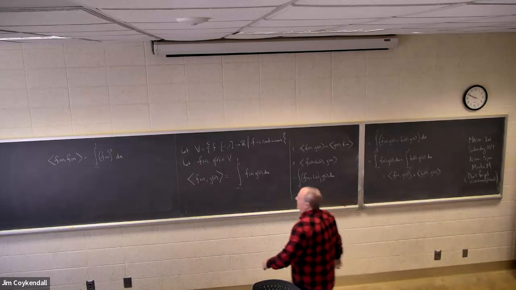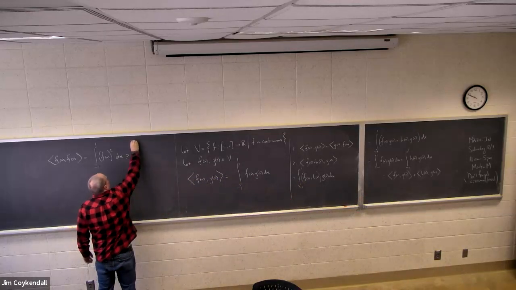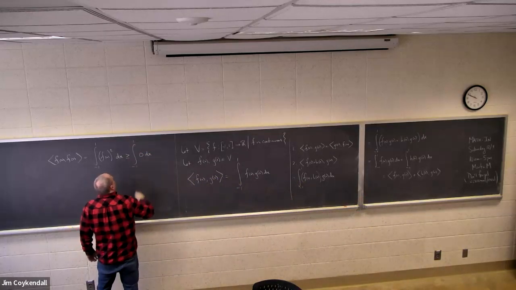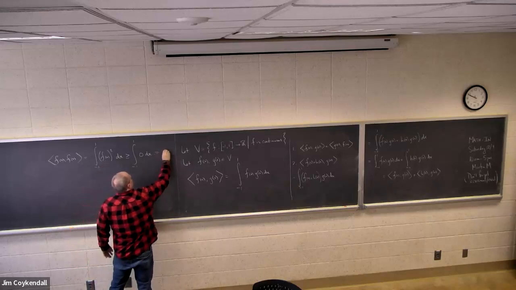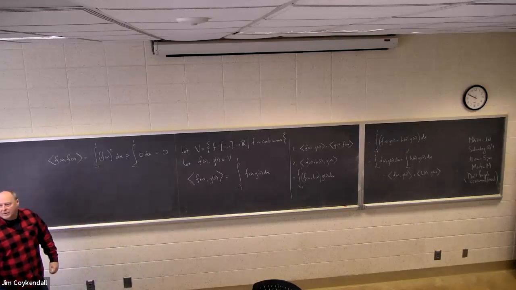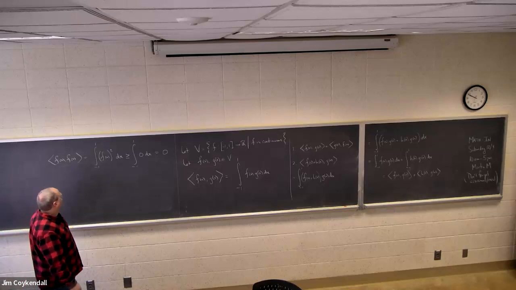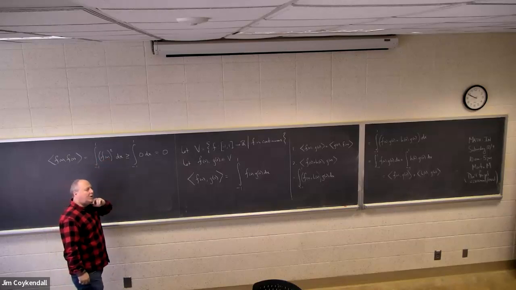So this is greater than or equal to the integral from -1 to 1 of 0, right? Because this thing can never be negative, which is 0. So your inner product with itself is greater than or equal to 0. All right. I think it's pretty clear that if f of x is 0, then you integrate it and get 0. Here's the trickiest part of this.